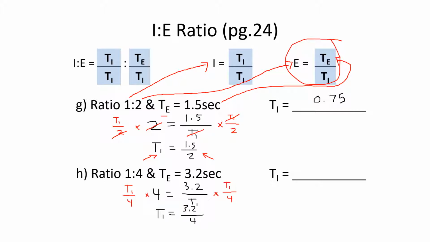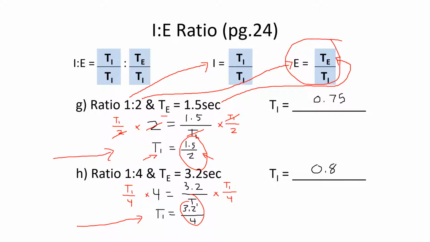So multiply by TI on each side, divide by 4, and then you get 0.8. I think she got it. If it's a ratio like that, I just divide the 3.2 by the 4 instead of going through all this stuff. I'm going through the steps so people know what the steps are. So you're good. You already got the shortcut. You know what to look for. Just look for that ratio.